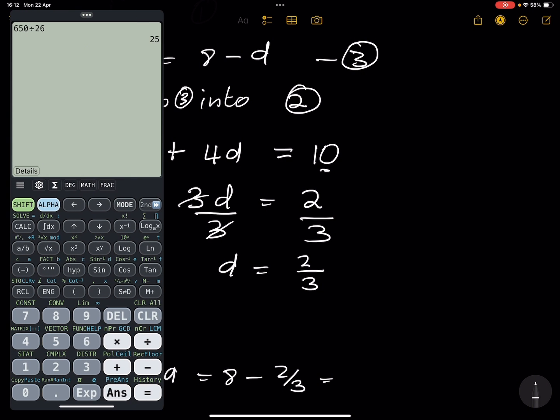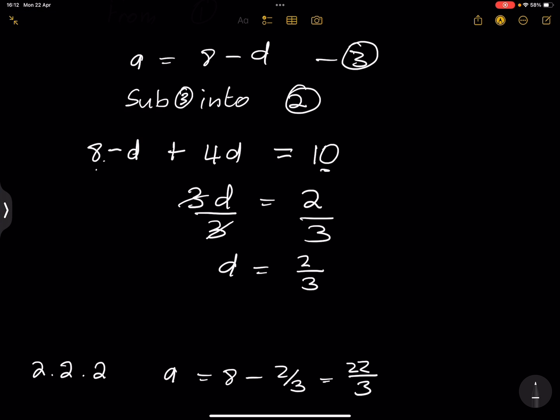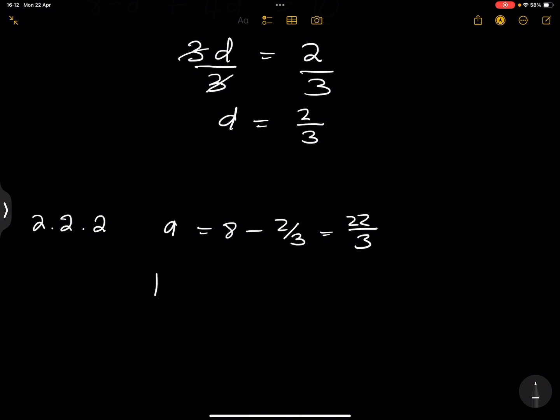So our a value will be 8 minus 2 over 3, and that gives us 22 over 3. That's our a value. So now the general term of the sequence, Tn, is a, 22 over 3, plus n minus 1 times d. But what is our d value?